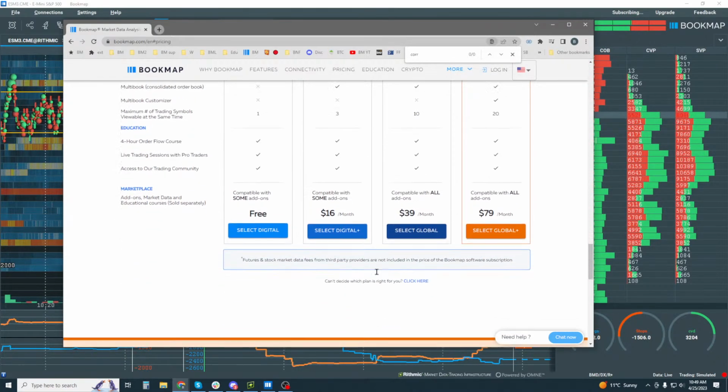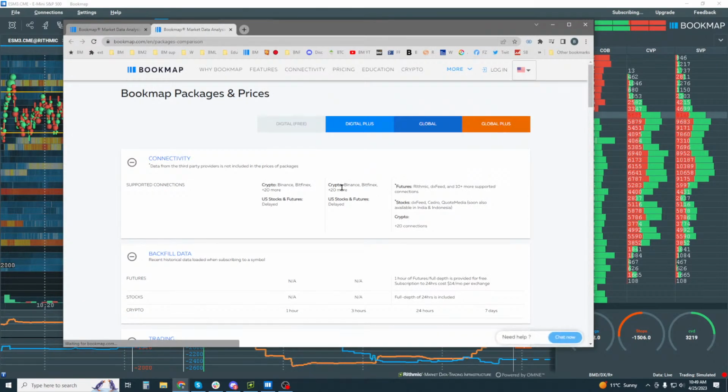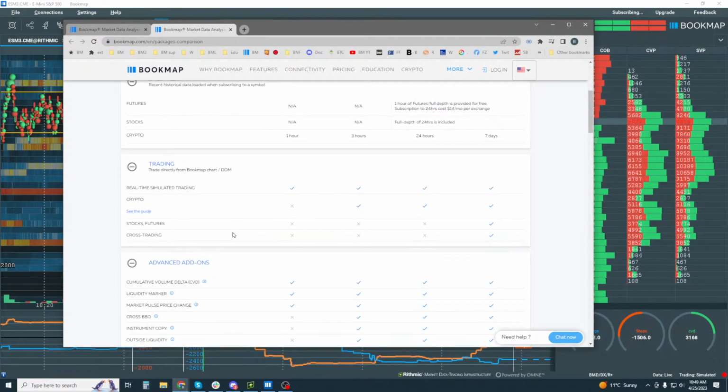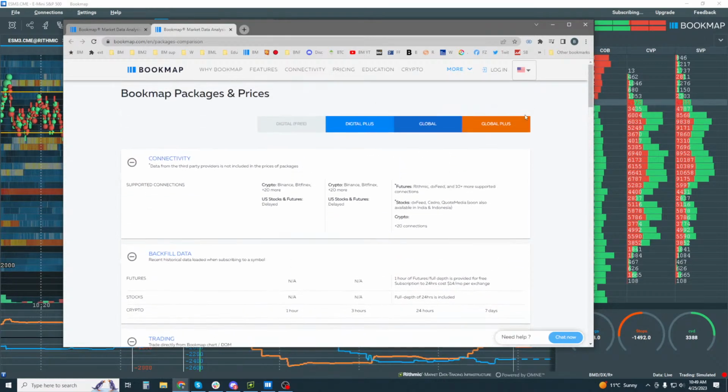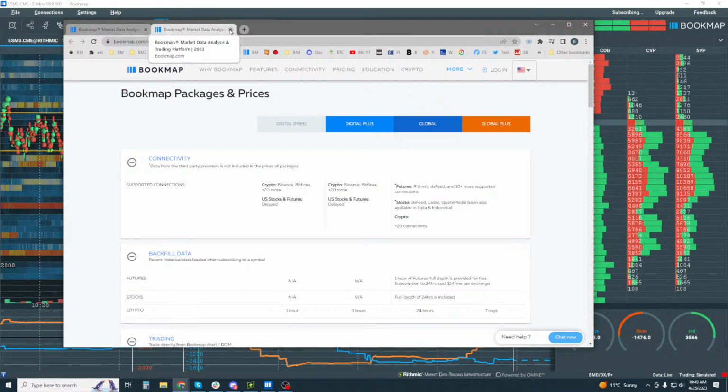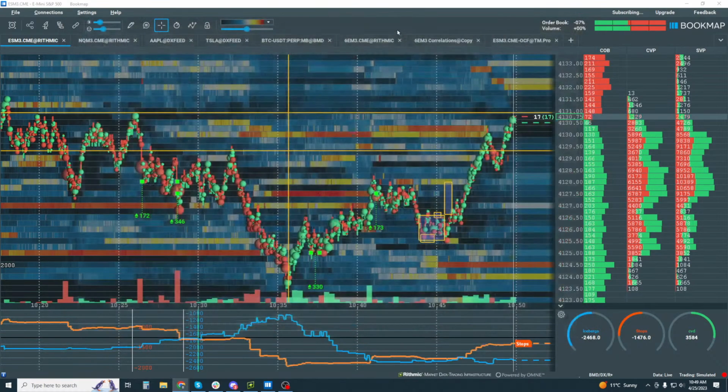No. Okay, so we've got to go here, and then we'll find it. Correlation tracker. All right, so it only comes with Global Plus. You will need Global Plus. All right, so anyway, that's that.